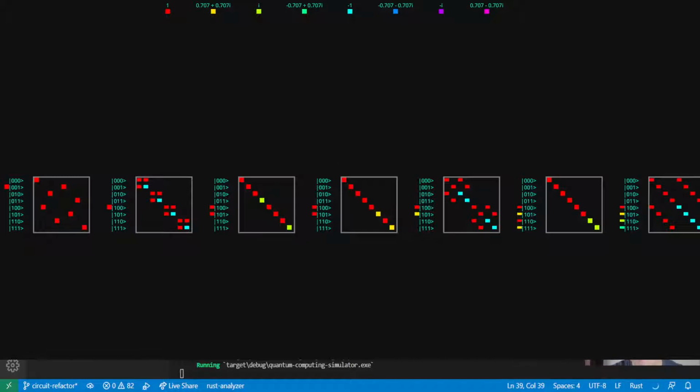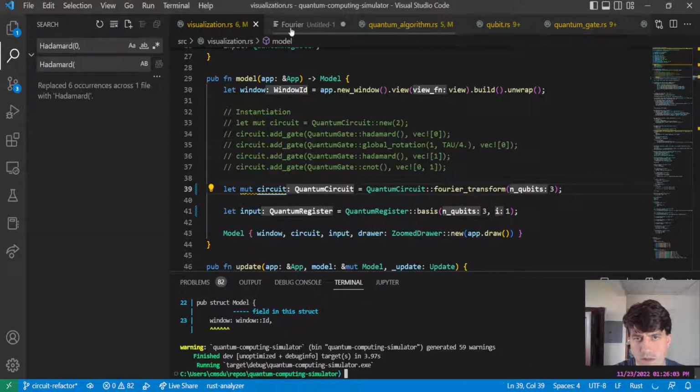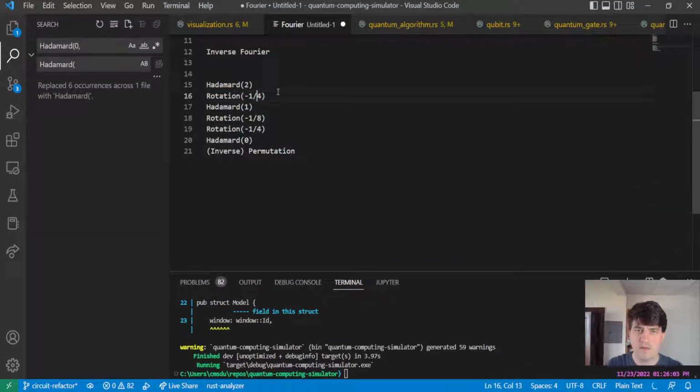Okay. So this is the 2 to the second qubit, 2 to the first qubit and the 2 to the 0 qubit. And so I just want to create this same pattern going the other way.